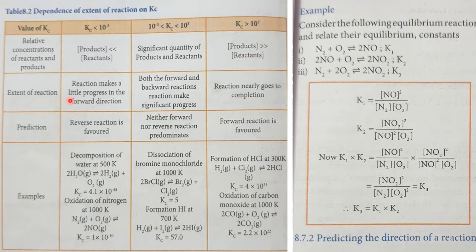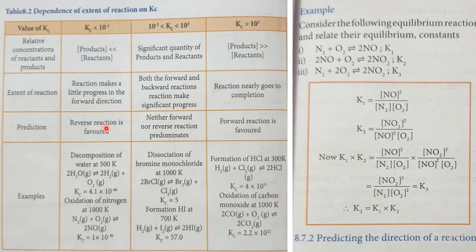For the extent of reaction, when products are less, the reaction makes little progress in the forward direction, a very small extent of forward reaction. In the middle, both forward and backward reactions make significant progress, more or less the same. Here the reactants nearly go to completion and there will be more product, so the reaction goes to completion.